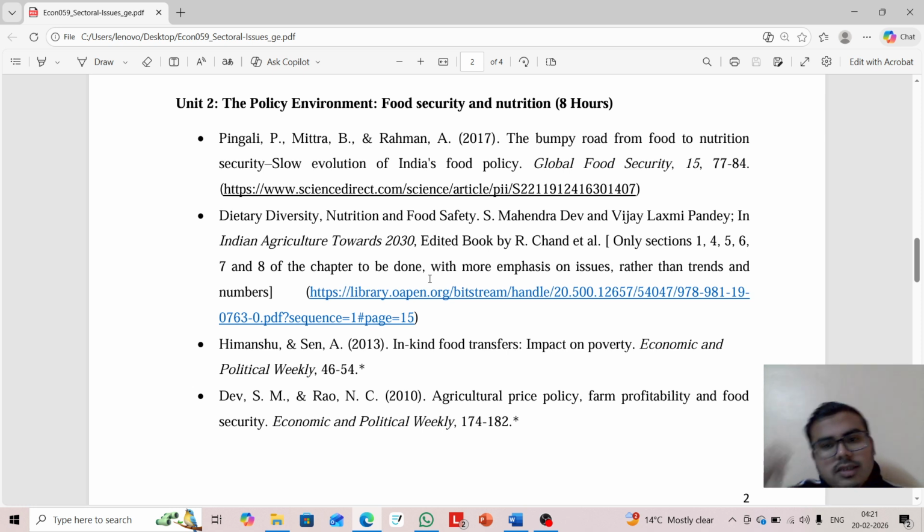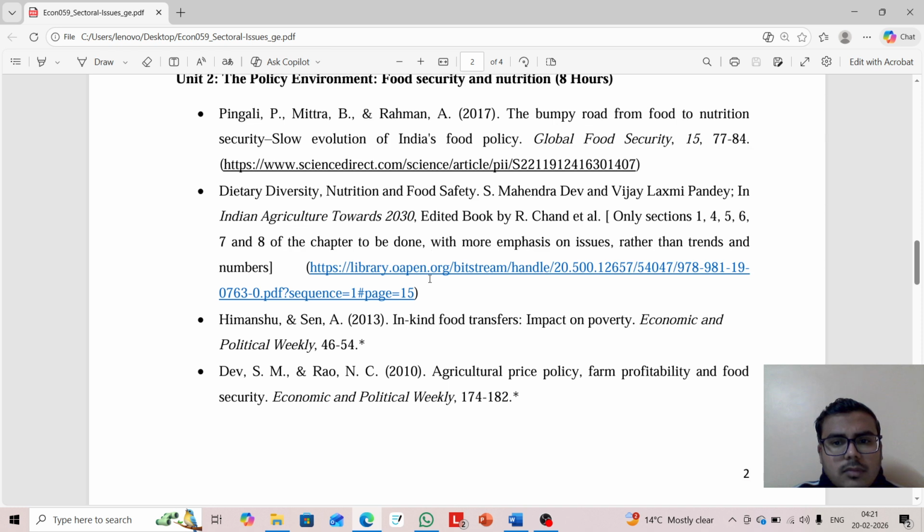So we mainly study how difficult it is from food to nutrition security in India. And after that we have the other paper on Indian agriculture towards 2050, Dietary Diversity, Nutrition and Food Safety by S. Mahendra Dev and Vijay Lakshmi Pandey.